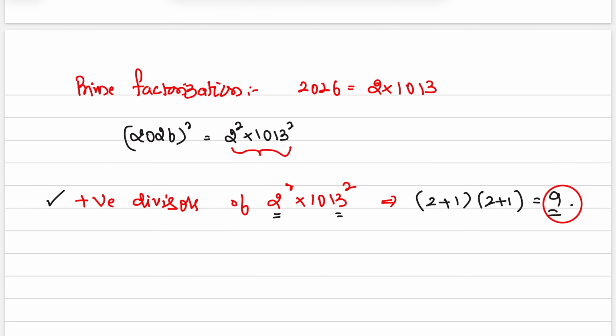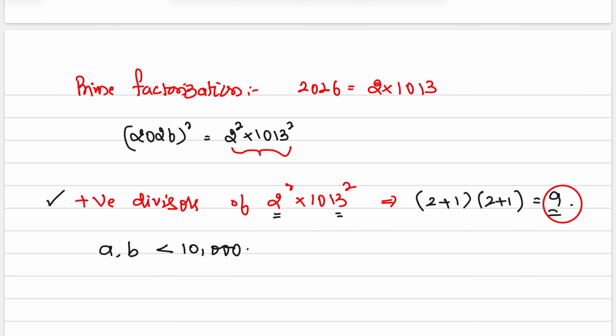for the equation given, but all the 9 divisors we don't want. We want to find out A plus B where A and B are less than 10,000. Now, we'll use the bounding principles here.